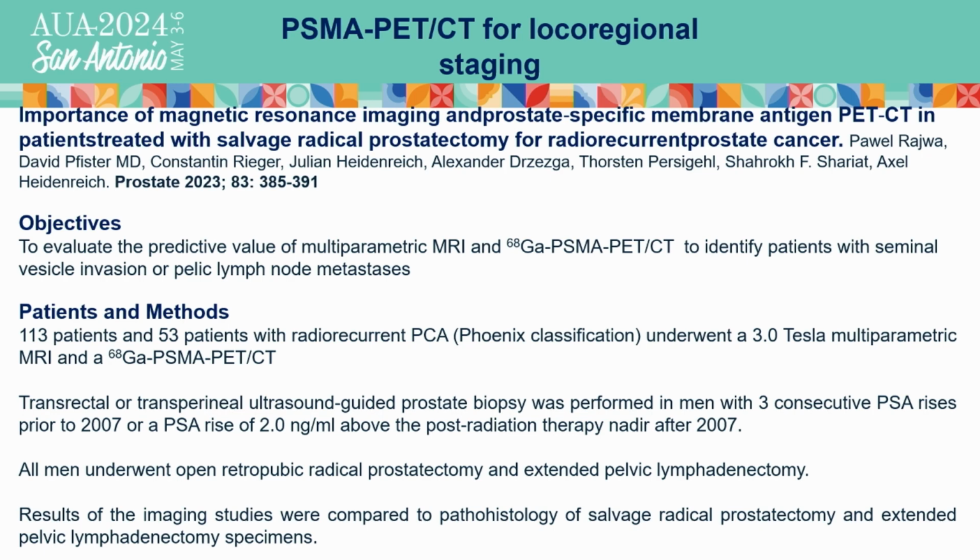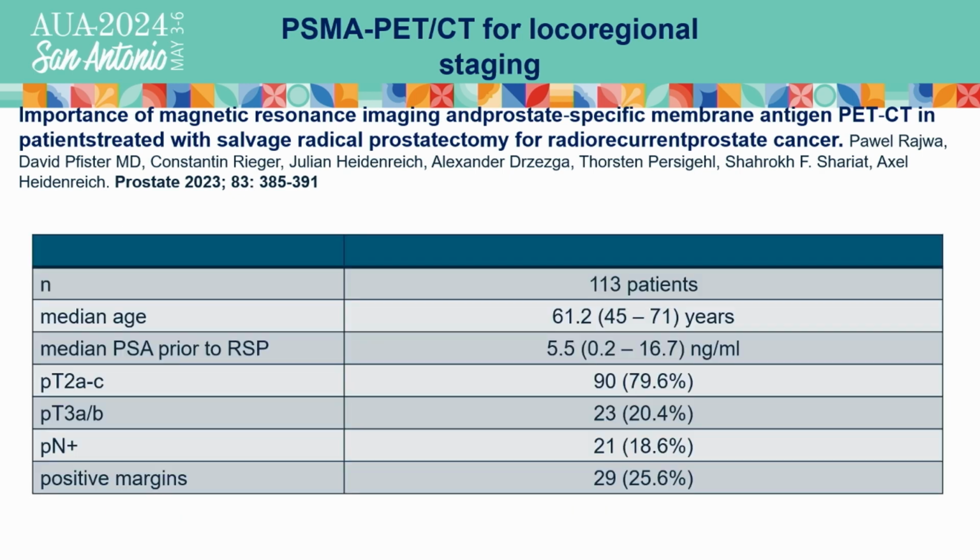All of the patients received typical biopsy procedures, and the mean age was 61 years. The median PSA prior to radical salvage prostatectomy was 5. And as you can see, the majority of patients, 80% of those patients, did have organ-confined disease.